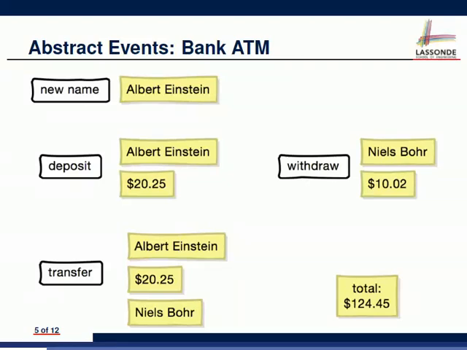Let's say in the case of the bank ATM, rather than committing to a particular concrete user interface, like the concrete bank ATM machine you saw on slide number 1, we simply want to say, as far as the user interactions are concerned, what kind of interaction do they want to have with the system?